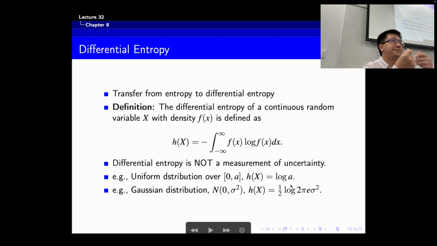For the discrete random variable, we know that we have the cardinality bound, so the uniform distribution will maximize the entropy, right? But here, how about the differential entropy? Can we still say the same? Think about it. Why can we not say that?